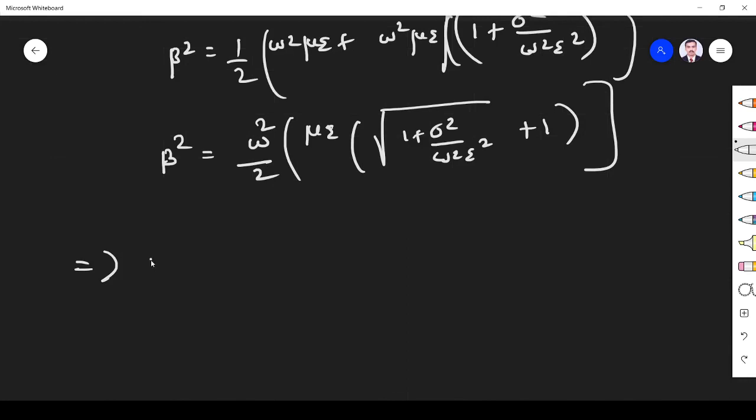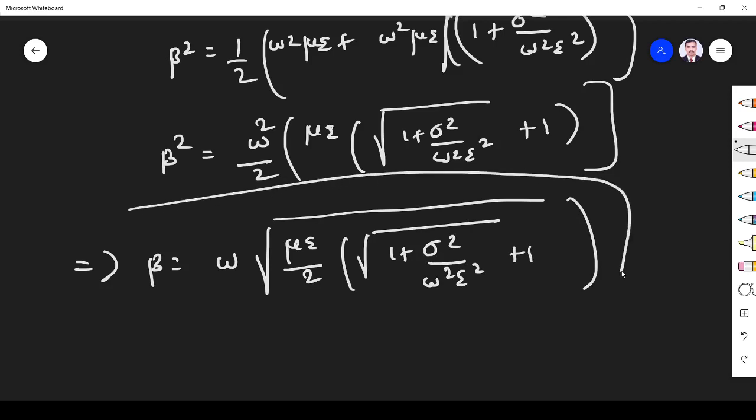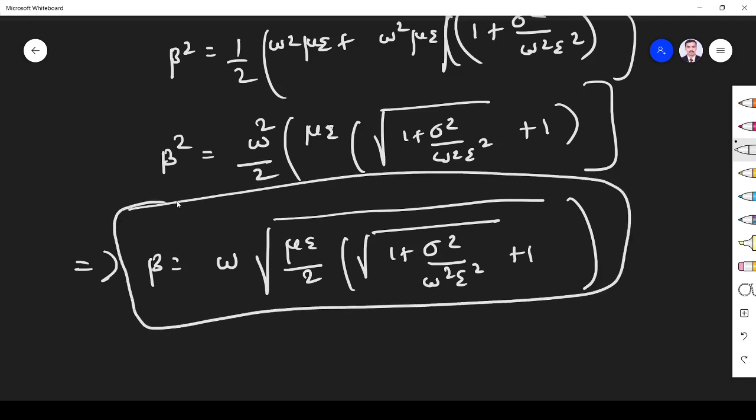This implies beta is equal to omega, I take outside, root of mu epsilon by 2 into root of 1 plus sigma squared by omega squared epsilon squared plus 1. Fine, this is the beta value, right?